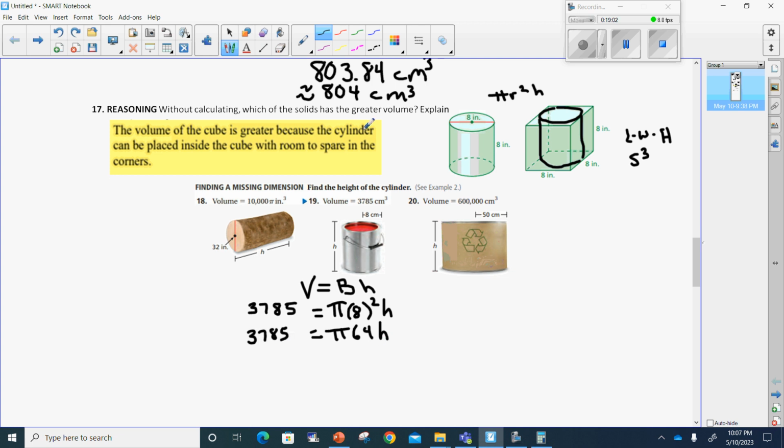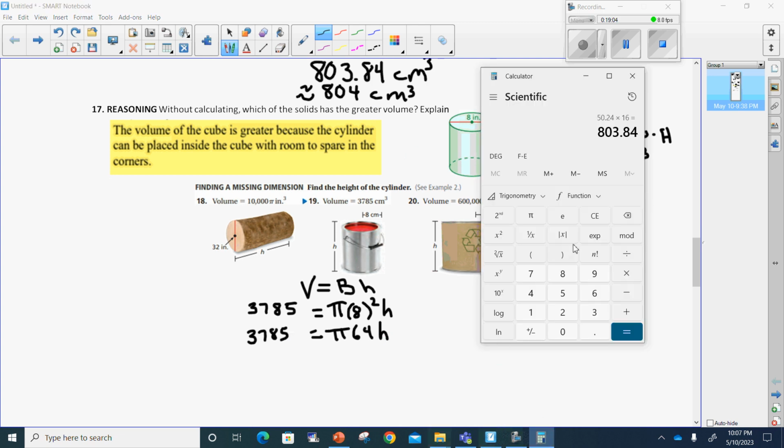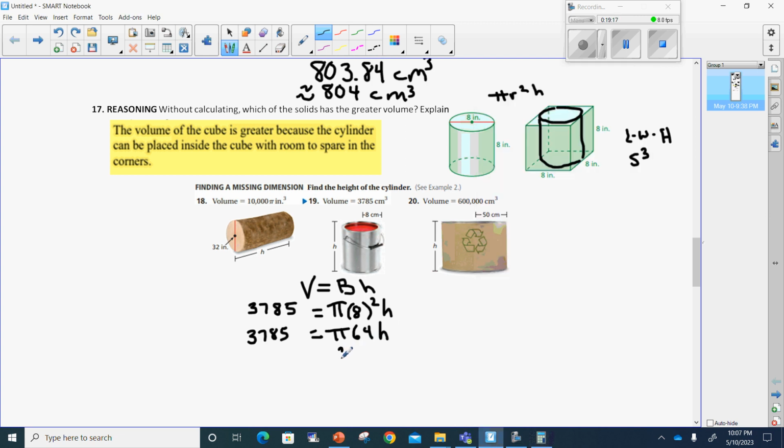I know 64 times pi, 64 times 3.14 equals 200.96. So now we've got 200.96 times h is equal to 3,785.